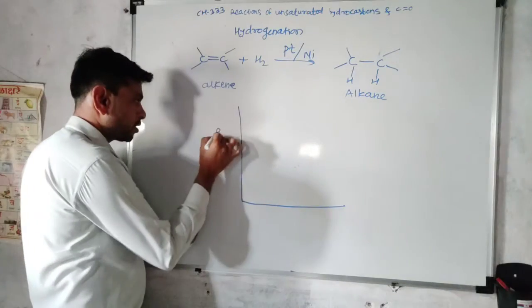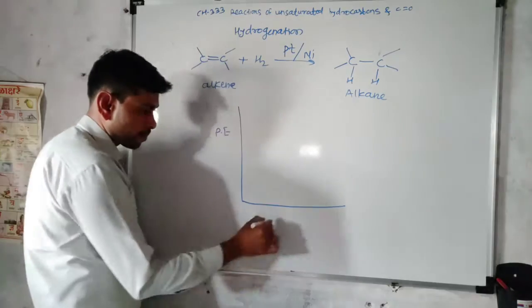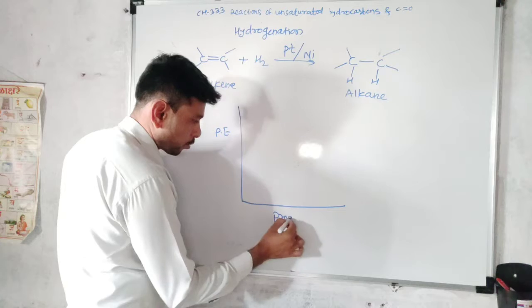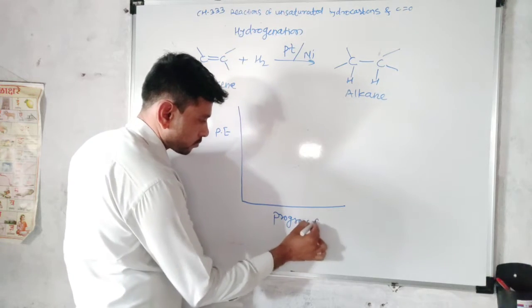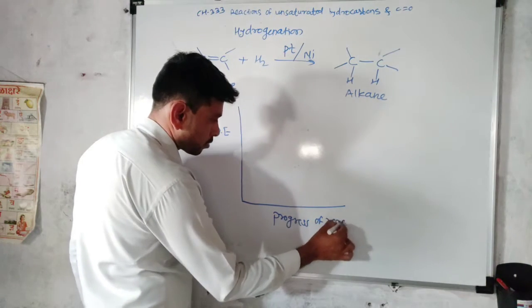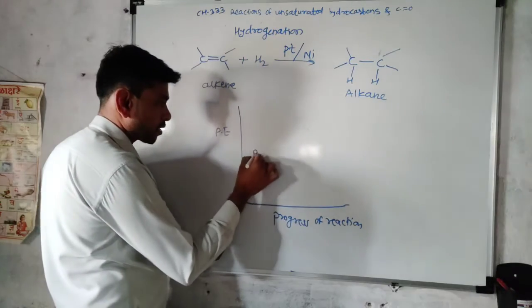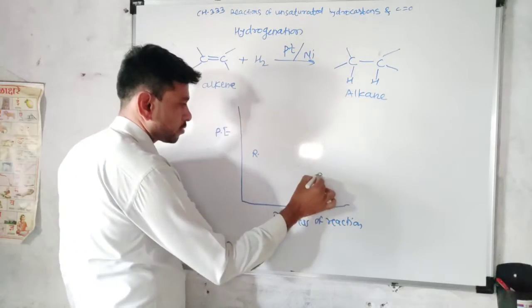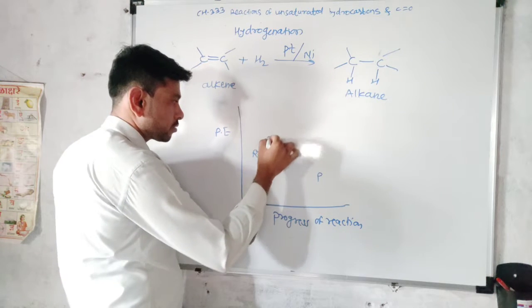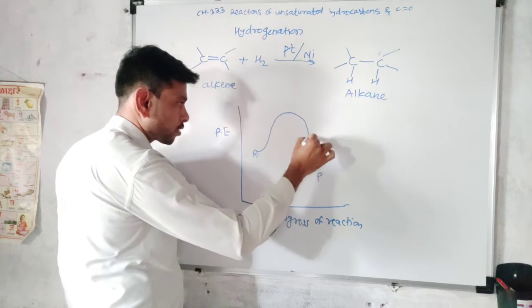Why? Because as we see in the potential energy diagram, or the progress of reaction, the reactant is here and we get the product.